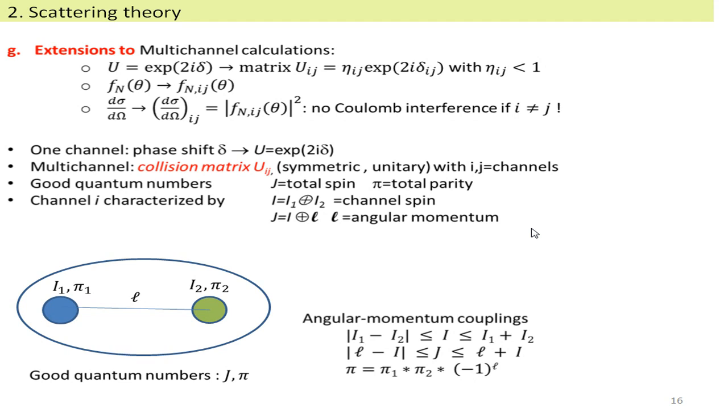So the situation is shown here. You have two nuclei with spin and parity I1, pi1, I2, pi2, and a relative angular momentum L. And the good quantum number is the total spin J, which is the coupling of I and L. I is called the channel spin, so you first couple I1 and I2, and then L to get J. And you have the standard selection rules here, which come from angular momentum coupling.